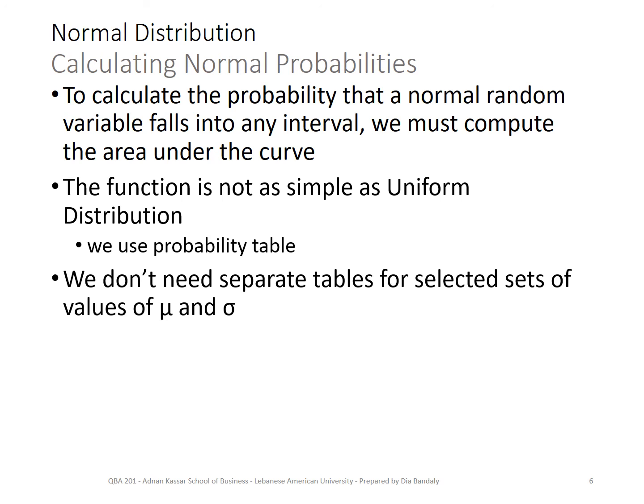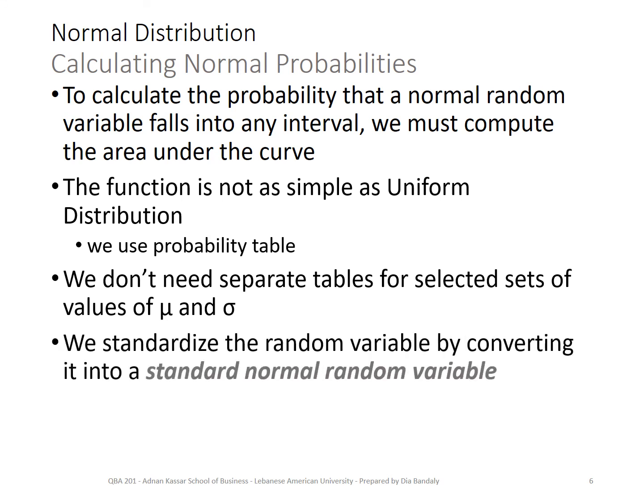Because if I want to prepare a table for that, I have to think about all possible values of mu and sigma and prepare a table accordingly. But the good news is that we don't need to do that. Statisticians came up with a very clever way to avoid doing that, and they came up with what we call the standard normal random variable. Okay, this is very important for us.